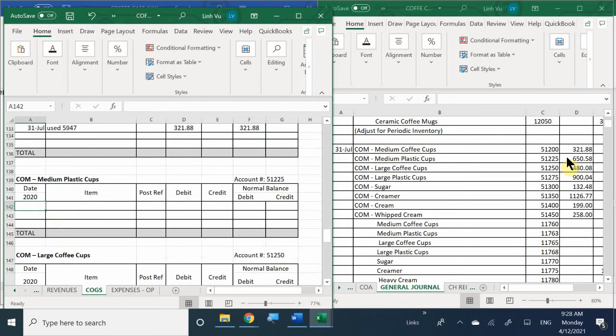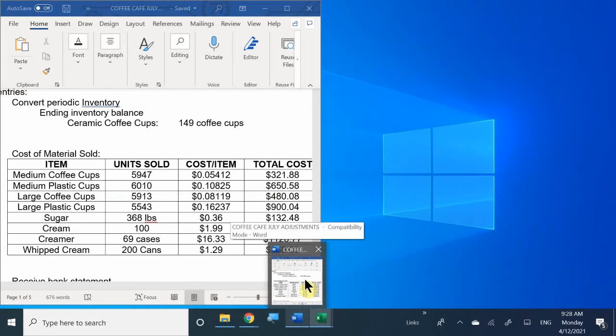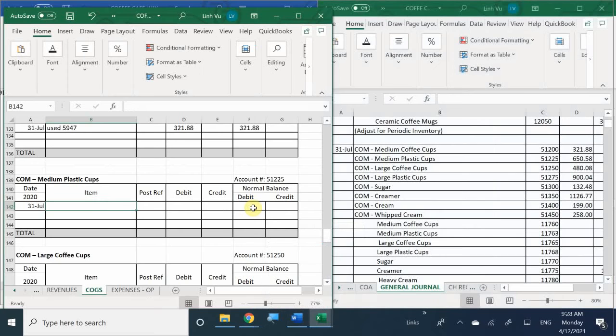What about our plastic cups? Yes, we used 60/10. Okay, at how much?